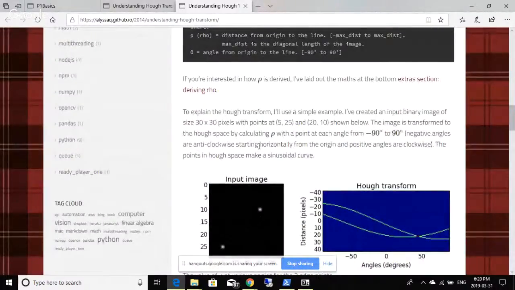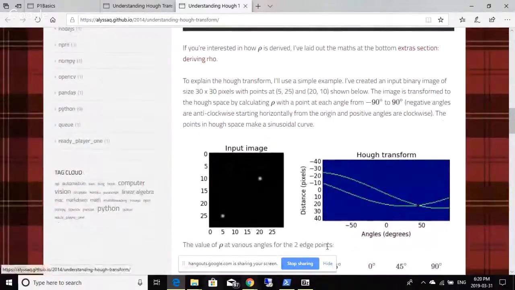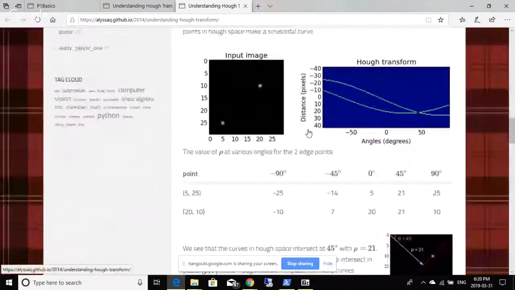At each angle from 90 degrees. I didn't really think about this part here, and I think this part is helpful. See the Hough transform, there is this intersect here, which is at 45 degrees.